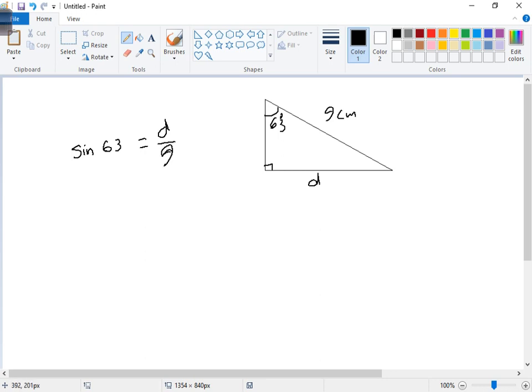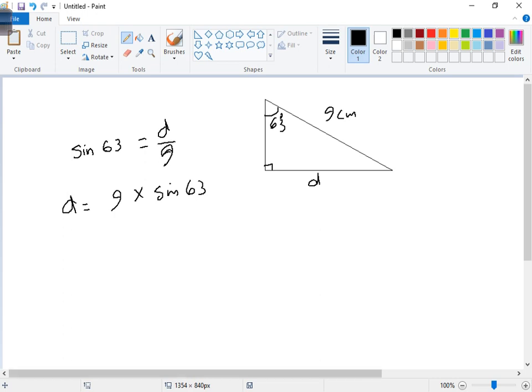Now we can change the subject, so D is equal to 9 times sine 63.